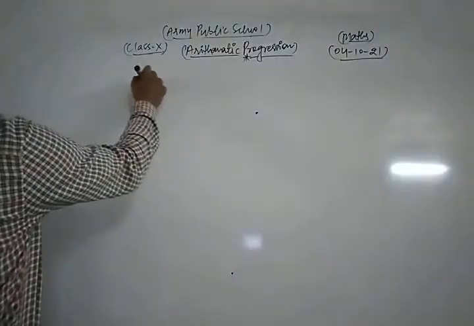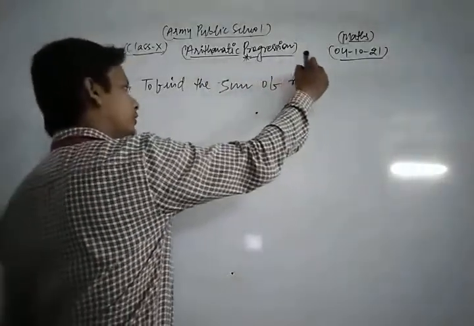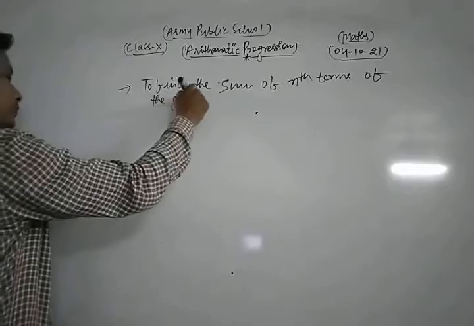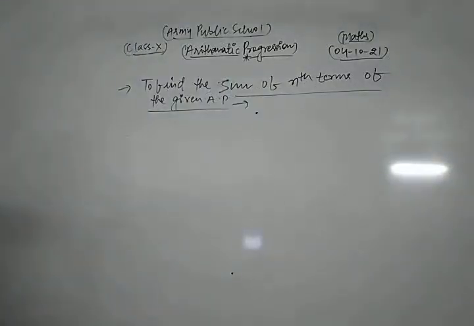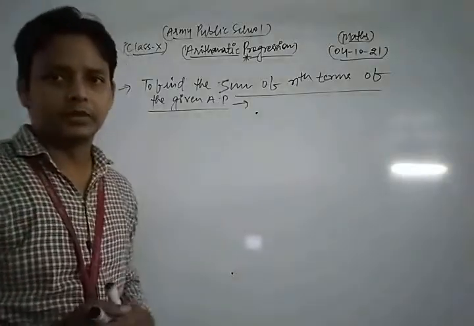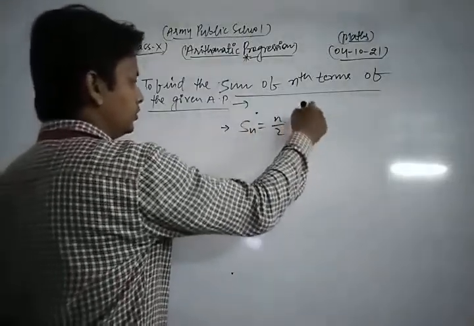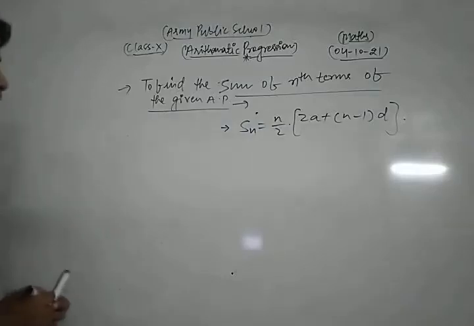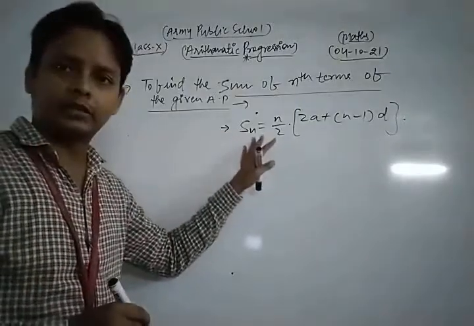This is the formula to find the sum of n terms of the given AP: Sn is equal to n by 2 in bracket 2a plus (n minus 1) into d.